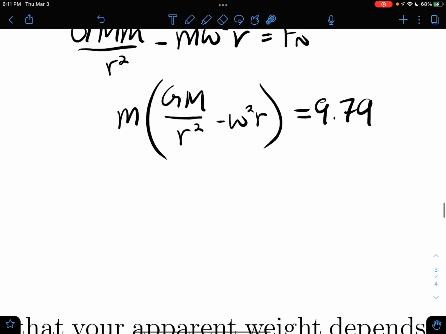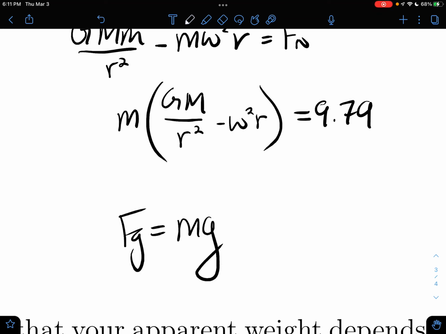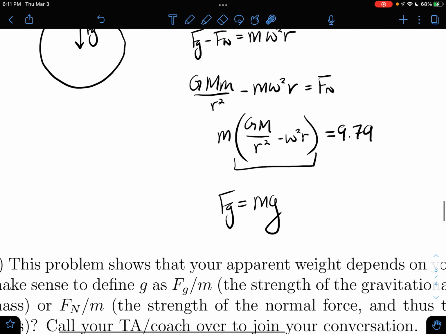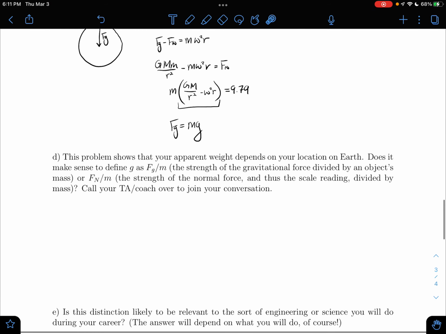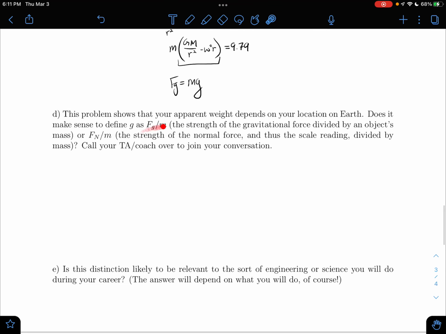So what we now do, since we factored out this m, if we're saying that this is our force from gravity, and we say that our gravity is equal to mg, now this becomes our g at this point. So our apparent weight is going to depend on the location on Earth.